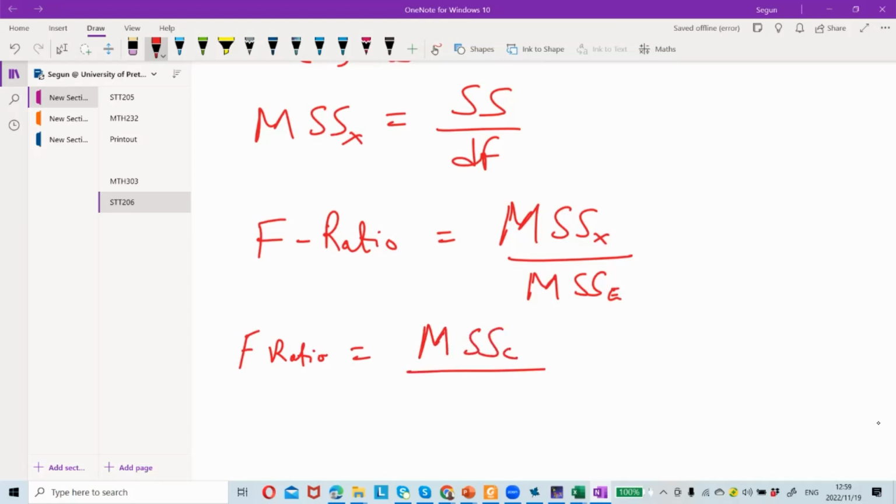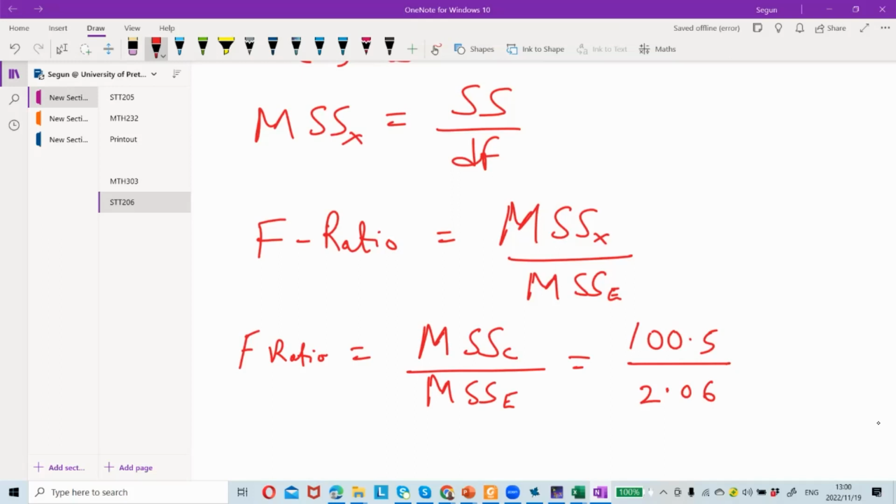MSSC divided by MSSE. MSSC is what? 100.5 divided by 1.5. Divided by what? 200, right?